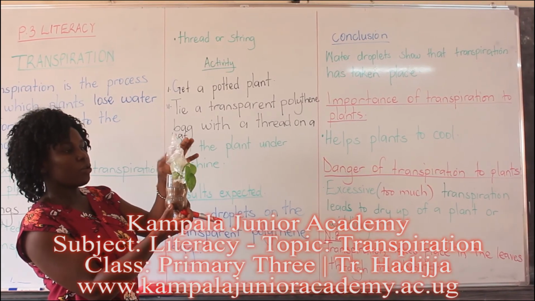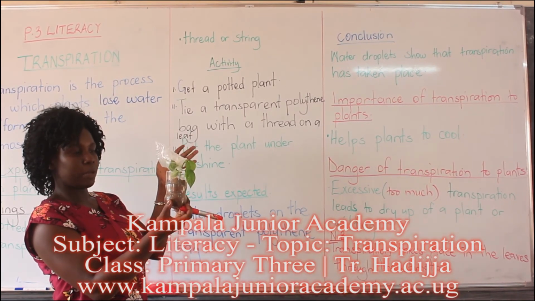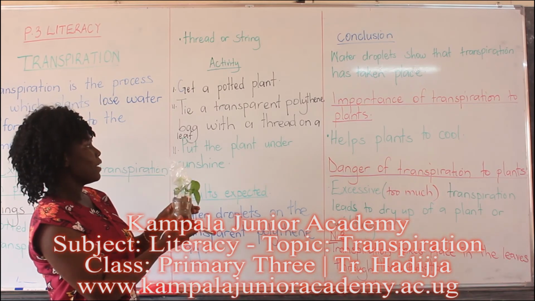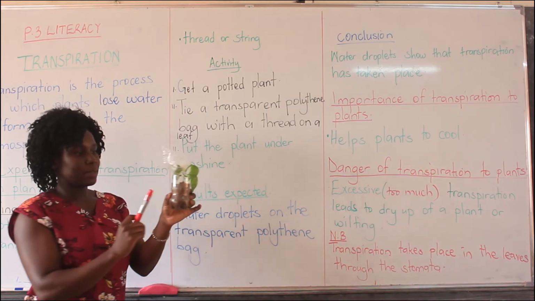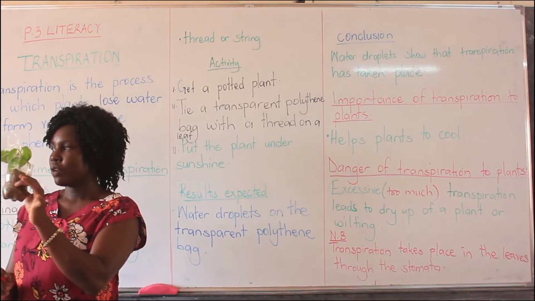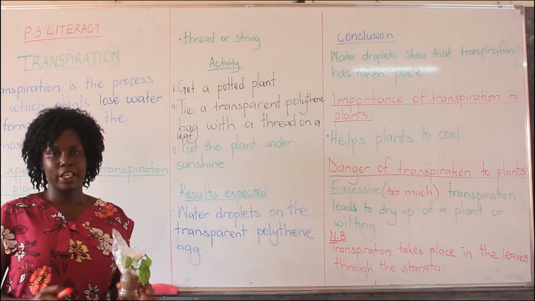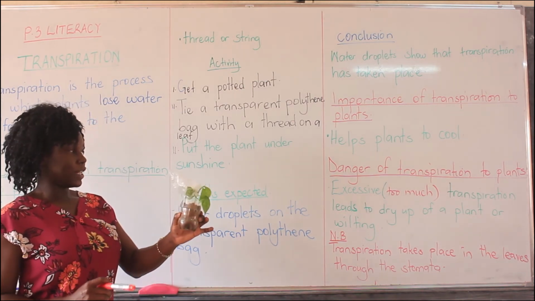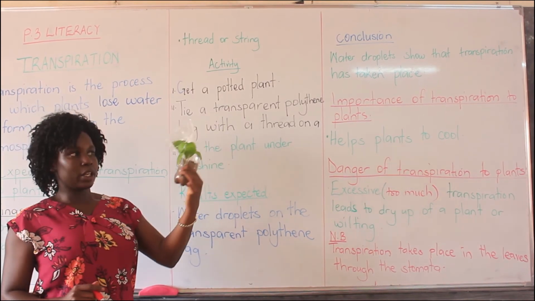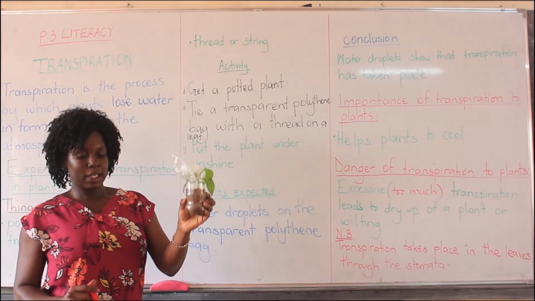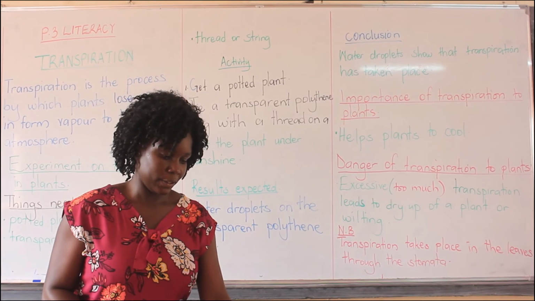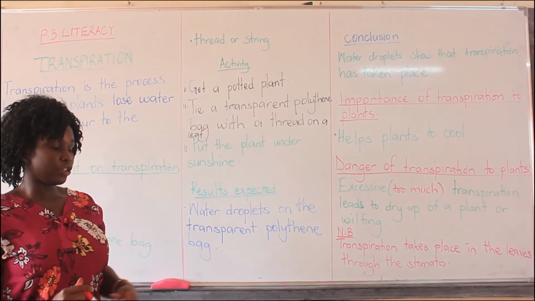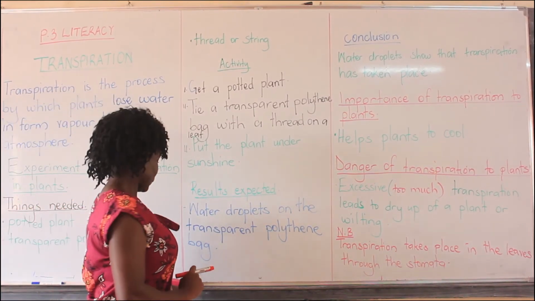You tie it around one leaf. It can be 1 or 2 leaves, any. Then take this plant where there is enough sunshine. After that, observe what will take place on that plant. That is the first activity. And make sure you can get your sister to help you.